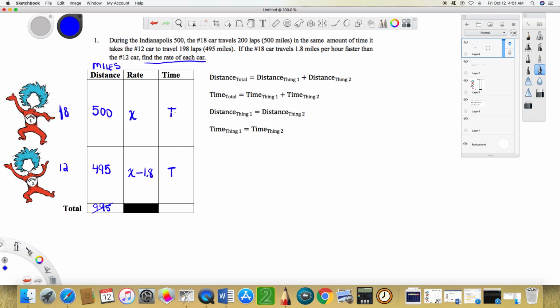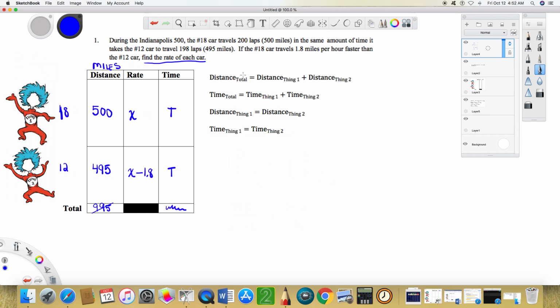It doesn't make sense to me to add these two times together for a total time when they were driving simultaneously, not one right after the other. So I don't think that it would make sense to think about the total time.